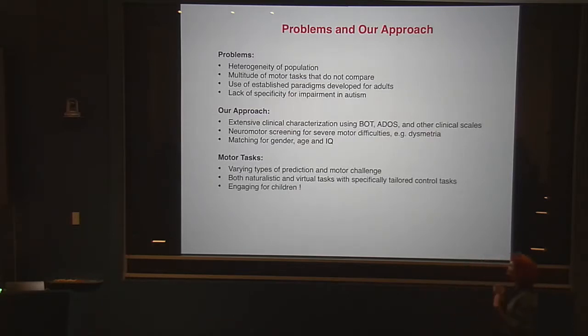So what we try to do to overcome these weaknesses in the body of literature is to firstly have a very extensive clinical characterization using the standard scores. We eliminate neuromotor deficits that might be confounding elements, so we do a very diligent screening and exclusion. And we certainly match for gender, age, and IQ.